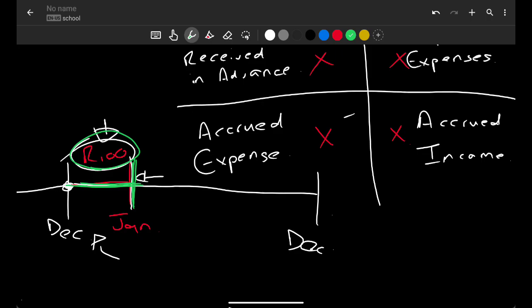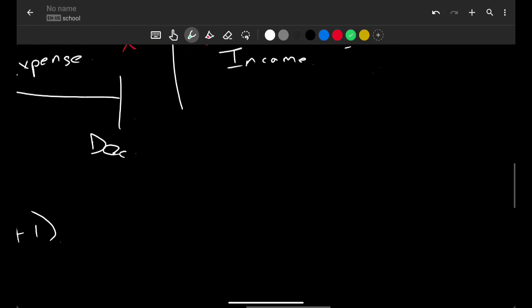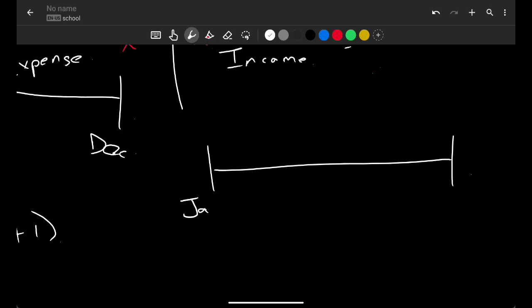Accrued expense is similarly 12 months there, and then this is in the eyes of the business, so January to December. Accrued expense is us saying that we have to pay our telephone bill, which is 10 rand per month.